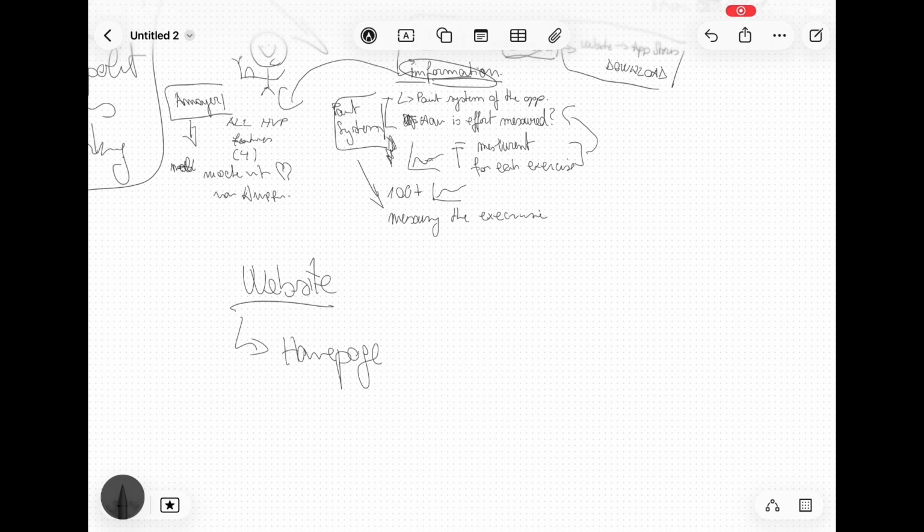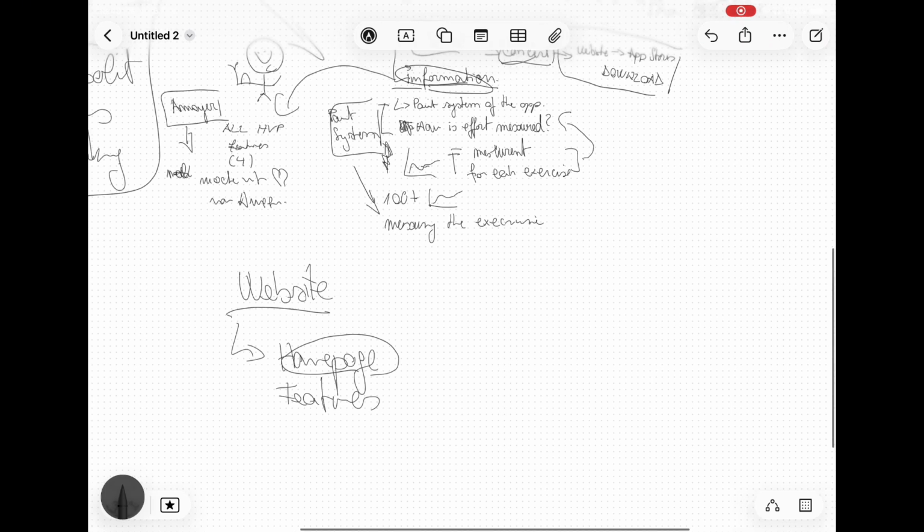Then I'm probably going to need some information about the features of the app. I'm going to probably present some of them on the home page, but I'm not going to push it all. So we talked in class about this idea of progressive disclosure. On the home page, I might have some cards.